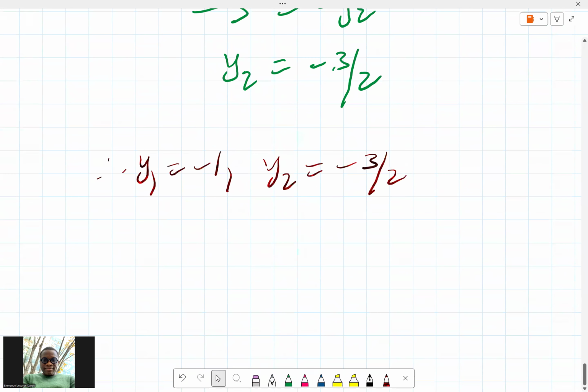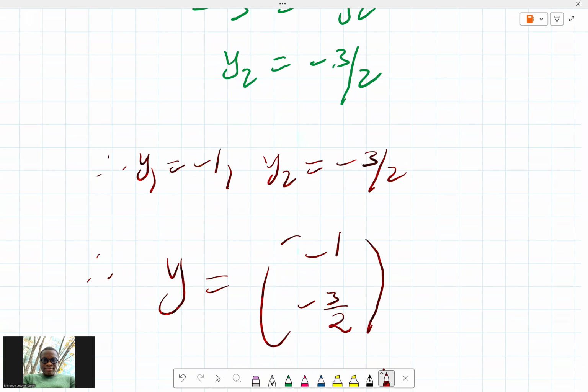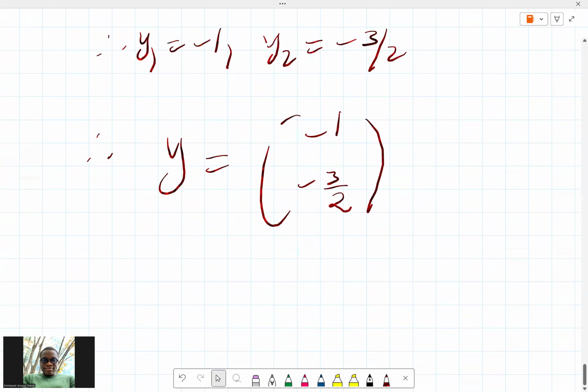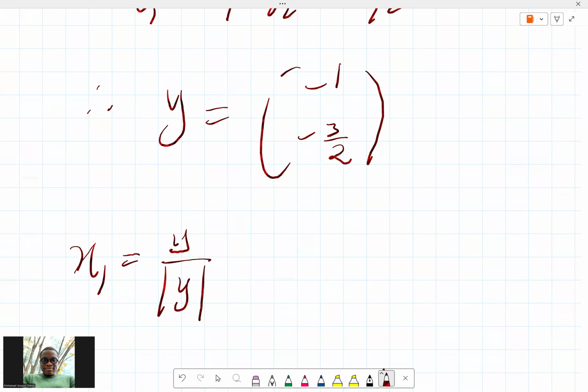Okay. So in that case now we can say therefore y is equal to (minus 1, minus 3 over 2). So we can now normalize. x1 now is equal to y over the norm of y.